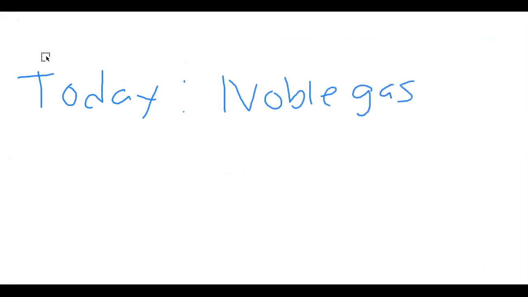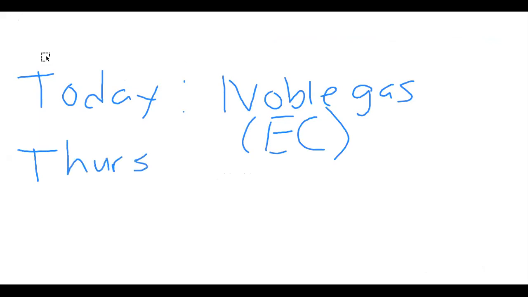Okay, which is basically electron configuration continued. It's the second part of our electron configuration stuff. Okay, tomorrow, what's tomorrow? Thursday. We will be doing the last thing that we need to be working on, which is the orbital diagrams.